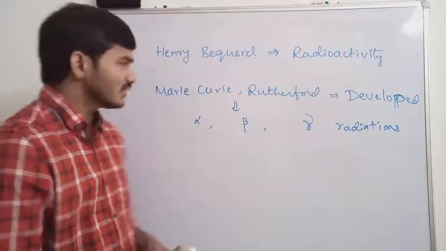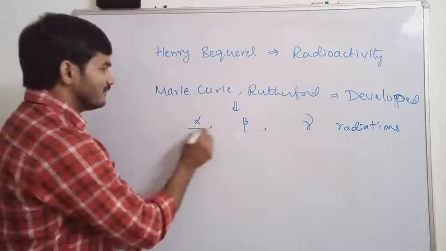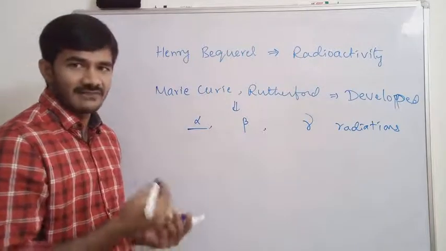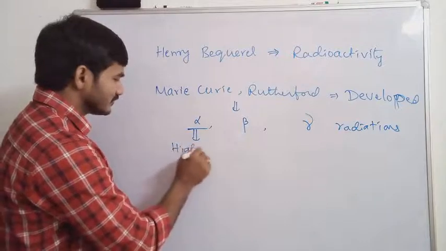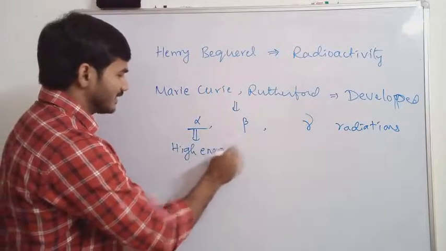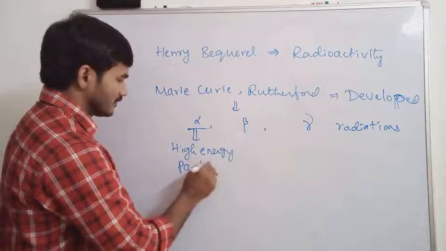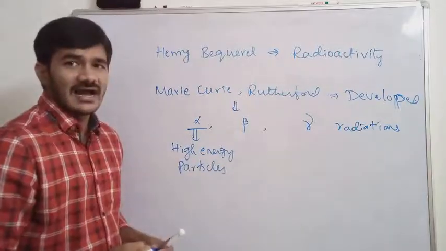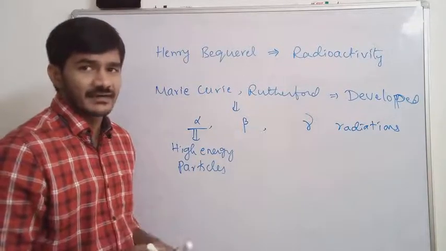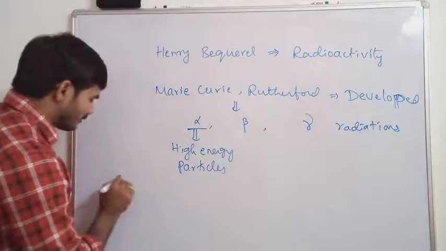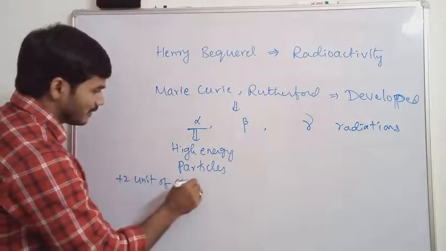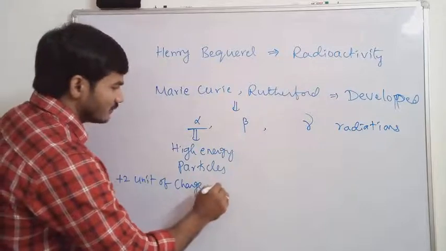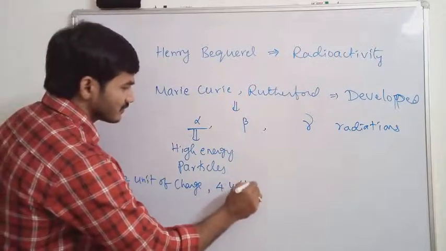And further, Rutherford explained that alpha rays are alpha particles having high energy. Rutherford found that alpha particles are high energy particles. They have +2 unit of charge and 4 unit of mass.